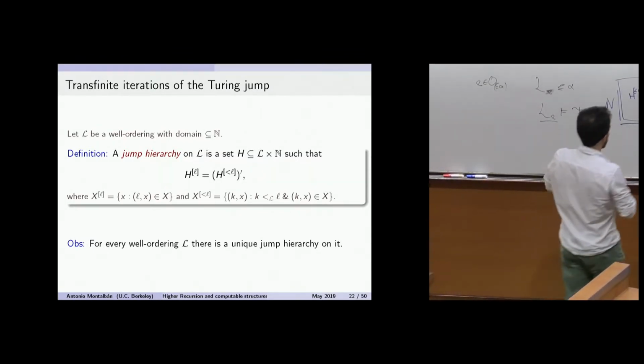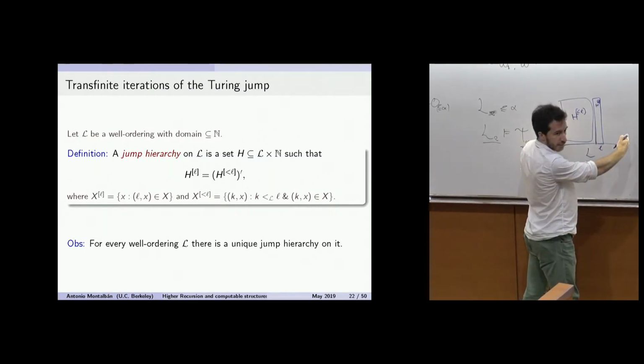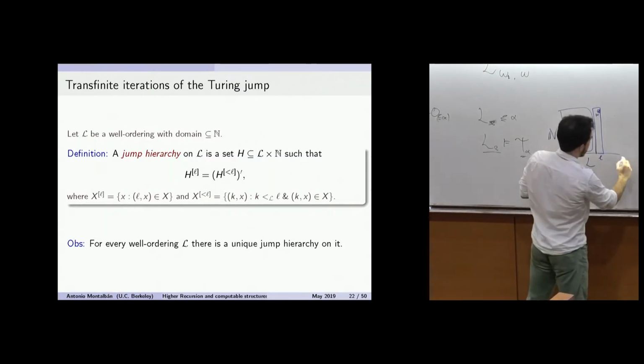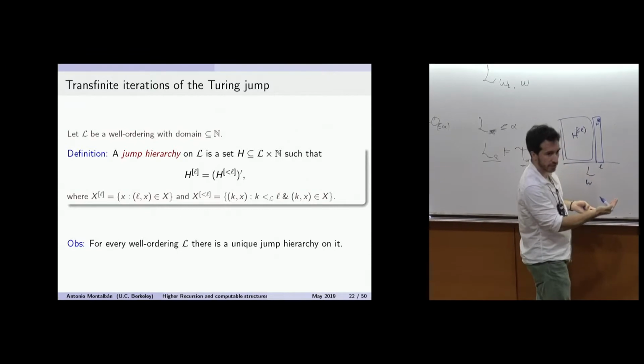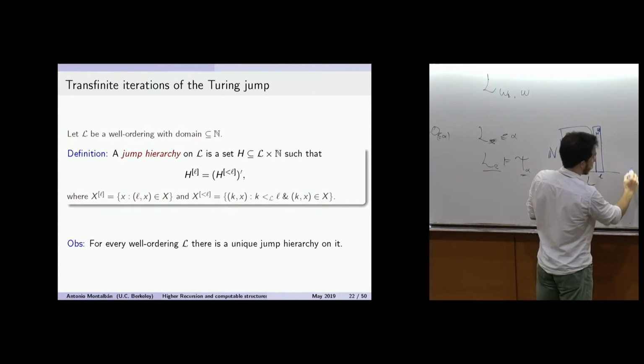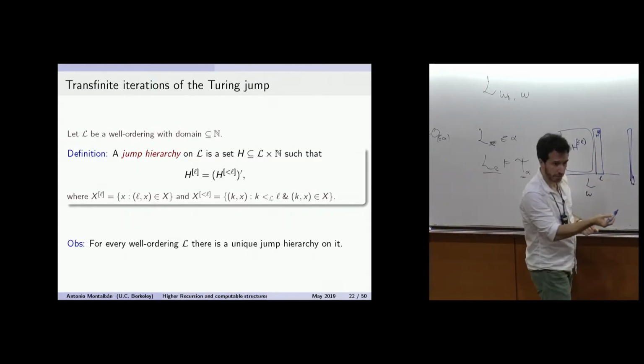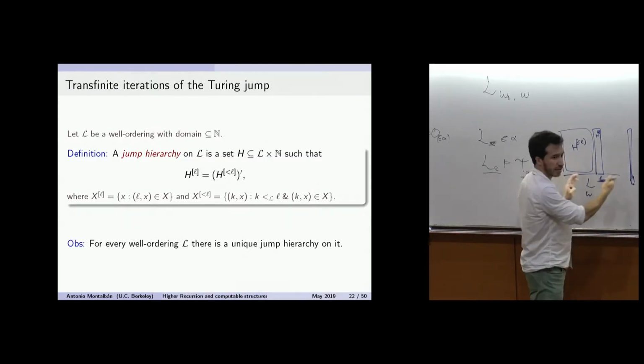So if L is omega, what you're going to get here is 0 to the omega. And then if L was like omega plus 1, in the position omega, in that column you're going to get 0 to the omega jump.